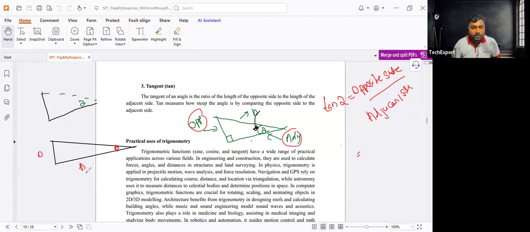When the opposite and adjacent sides are moving, that means changing their length, this angle is also changing, no? If I extend this one up to here, the angle increases likewise. Understood? That's called the steep.